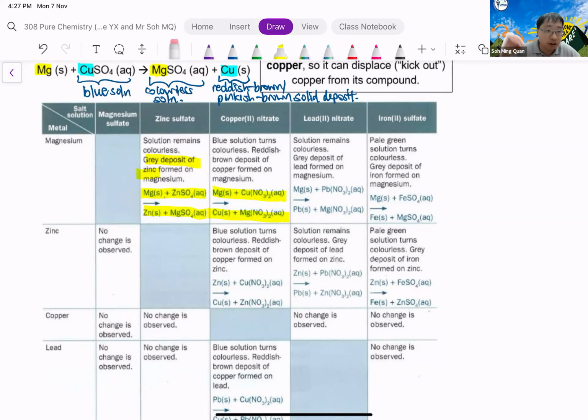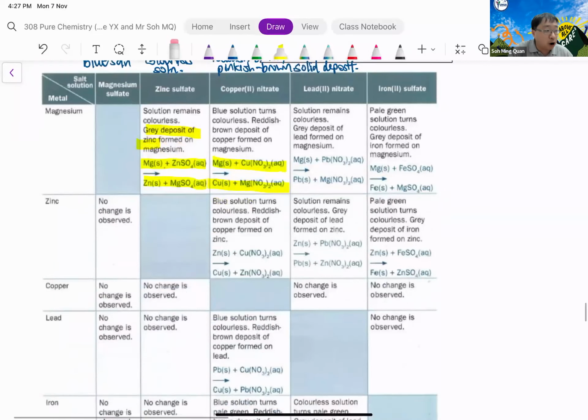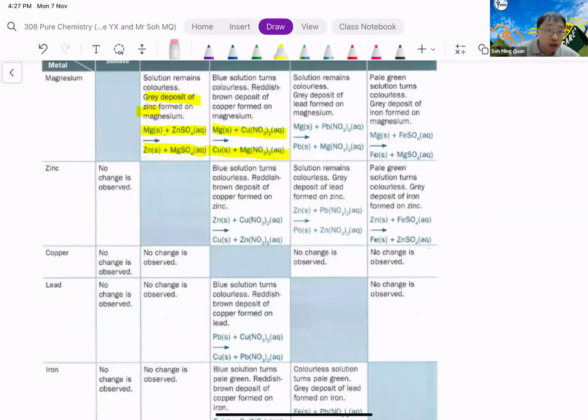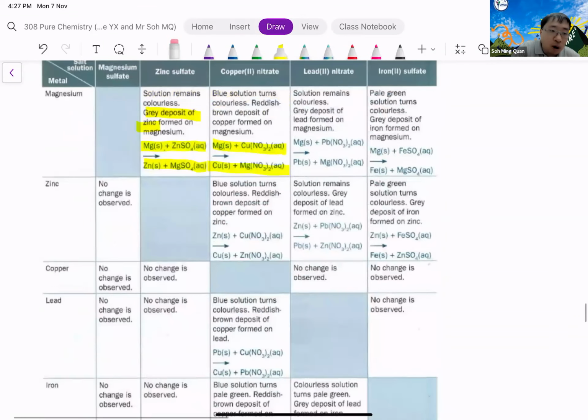Okay, so I shall not go through everything. But you can see that from these experiments, you can already work out which is the most reactive metal of these 5. Quite clearly, magnesium is the most reactive. How do I know that?